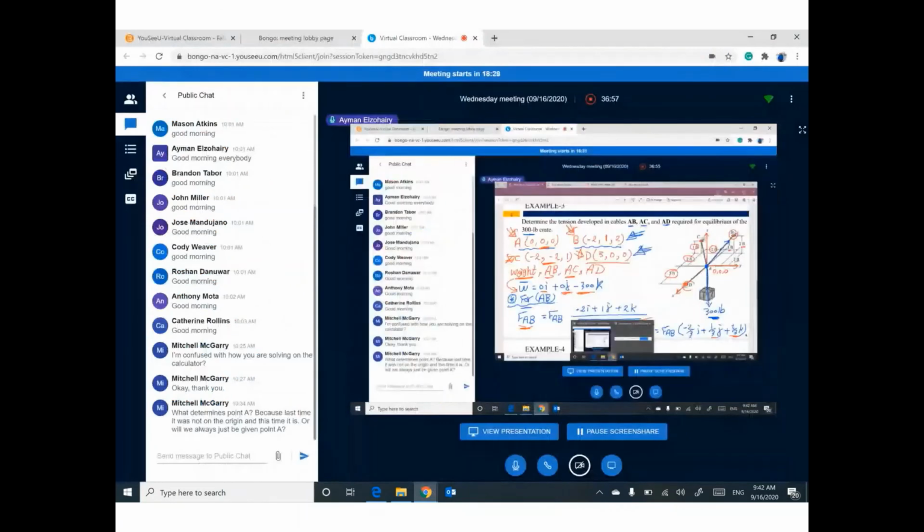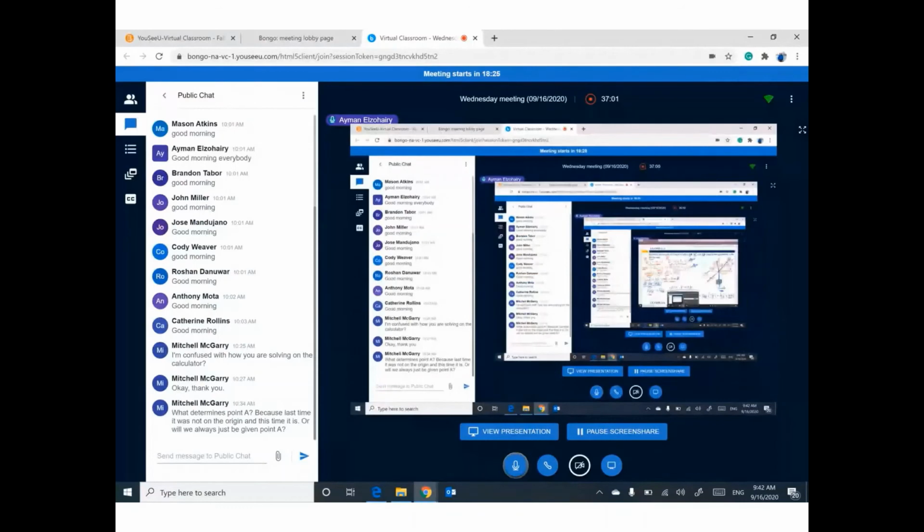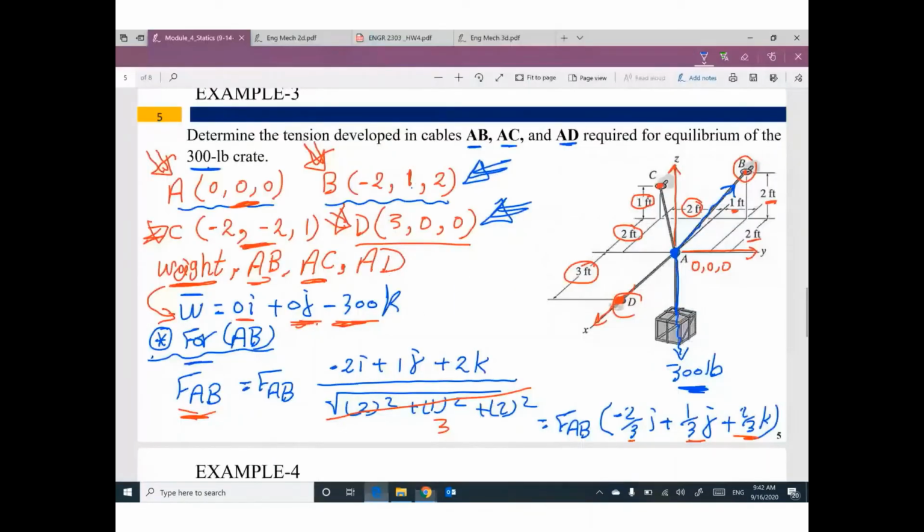What determines point A? Because last time it wasn't on the origin. At point A, all forces are connected. We are talking, Mitchell, about concurrent forces. Concurrent means all of them intersect at one point.